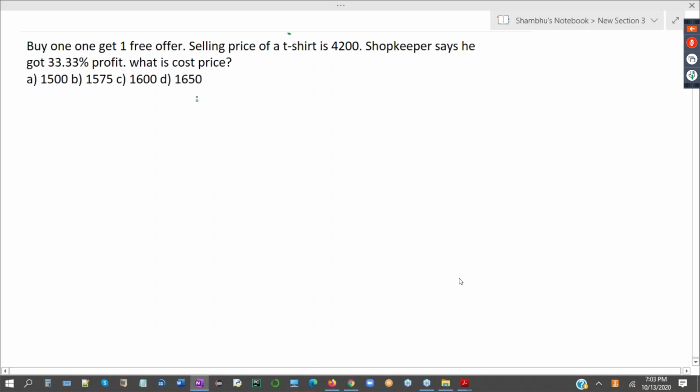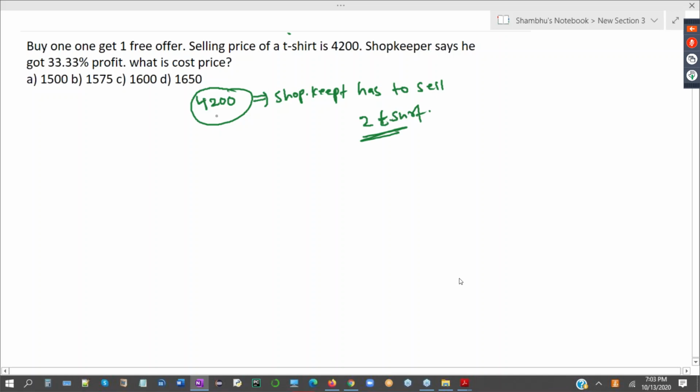So if you pay 4,200, the shopkeeper has to sell how many t-shirts? 2 t-shirts, isn't it? If you have paid 4,200 rupees, the shopkeeper has to sell 2 t-shirts because the offer is: you buy one, you get one free. So the shopkeeper has sold 2 t-shirts.